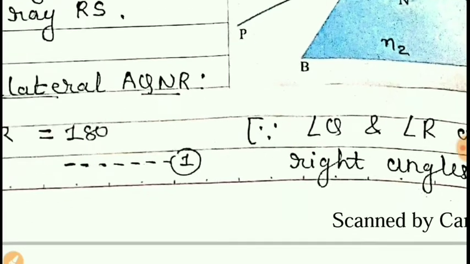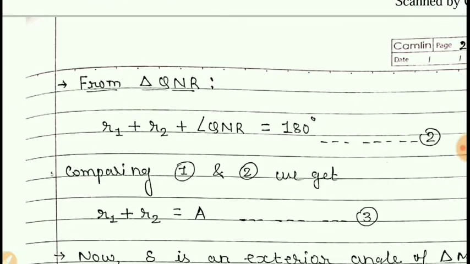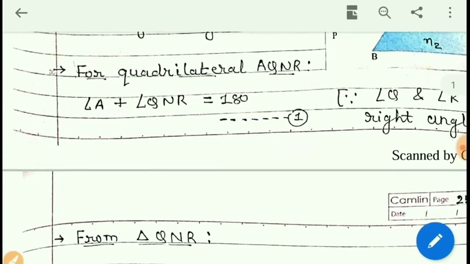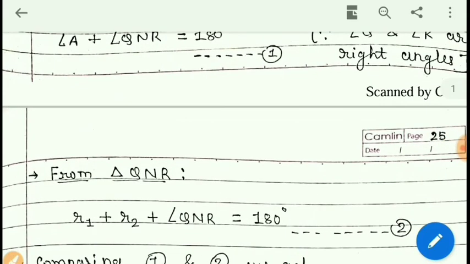And so I have written that R1 plus R2 plus angle QNR is equal to 180. Equation number 2. Now simply compare these two equations.